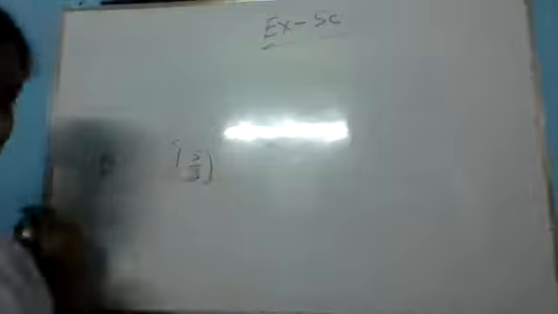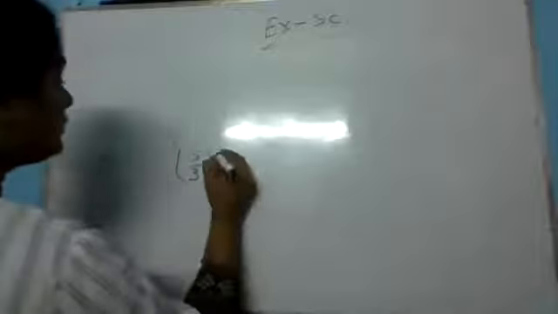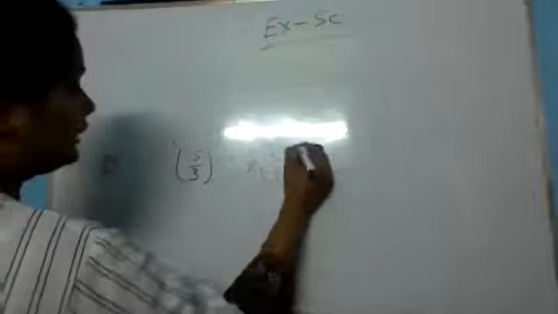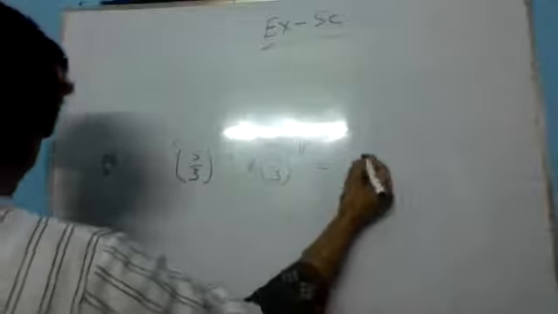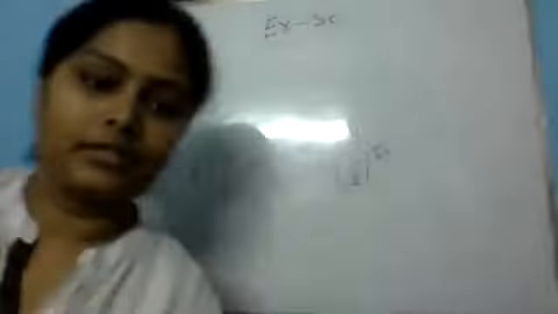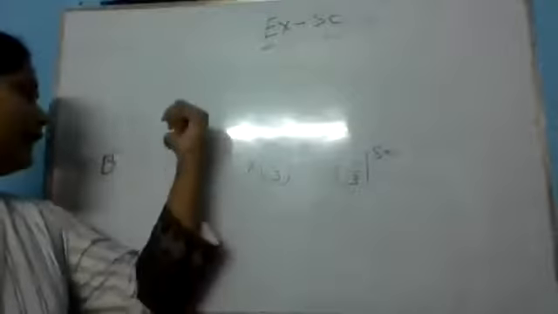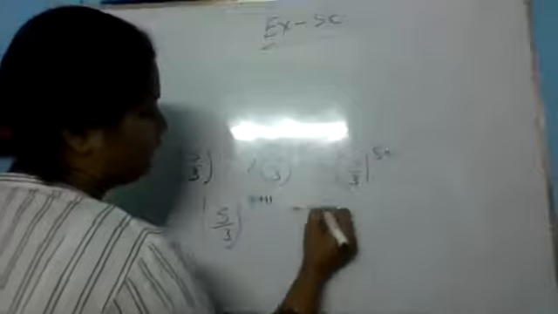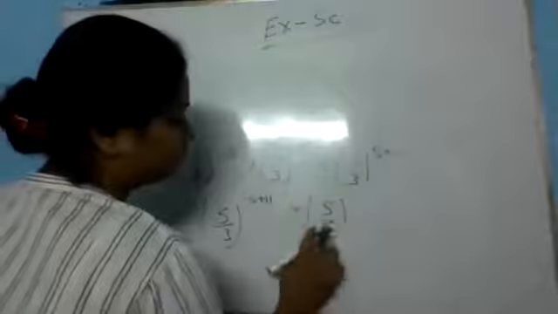If 5 upon 3 to the power minus 5 into 5 upon 3 to the power 11 equals 5 upon 3 to the power 8x, then I have to find the value of x. As I told you, if the base is the same, then we can add the powers. So here the base is the same, so just add the powers: minus 5 plus 11, and write the base as it is.